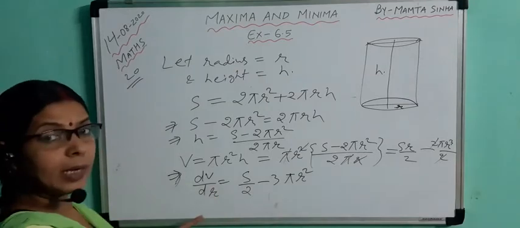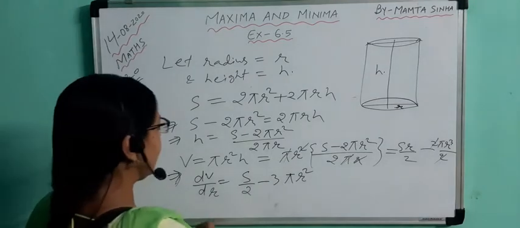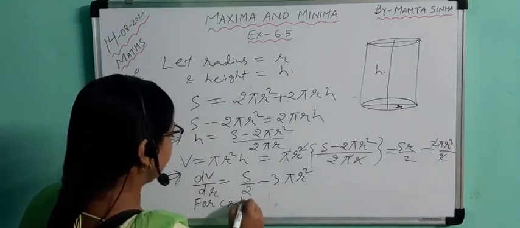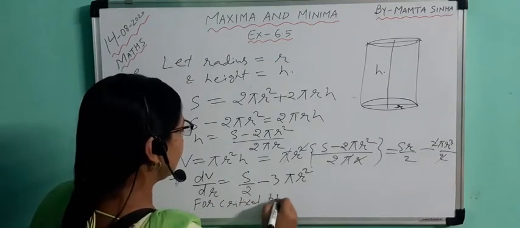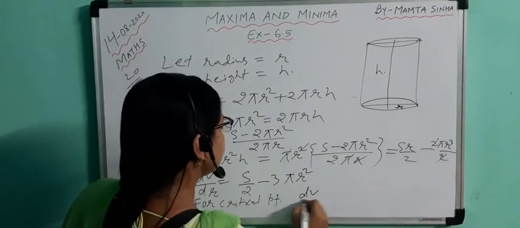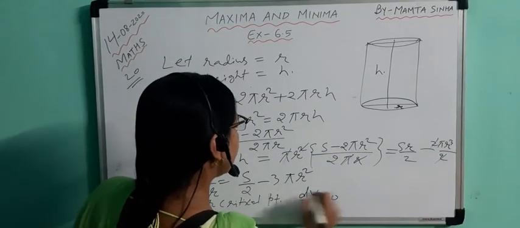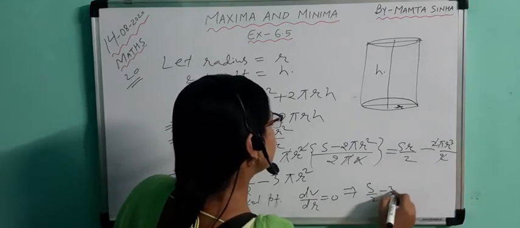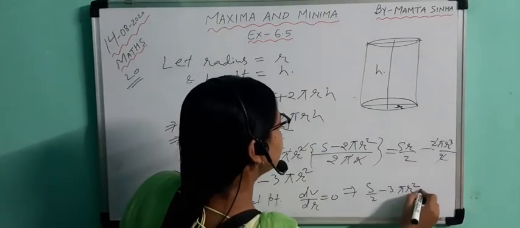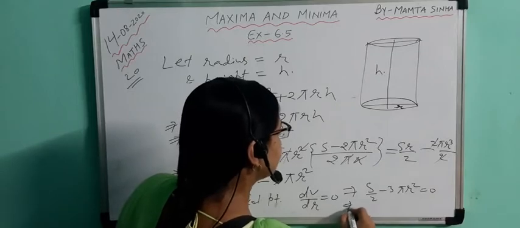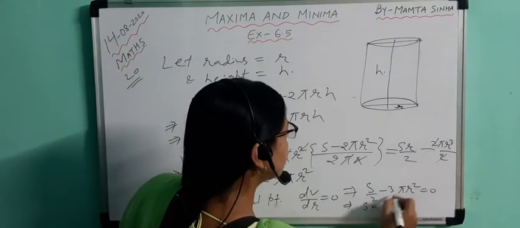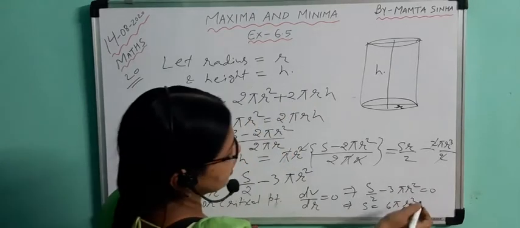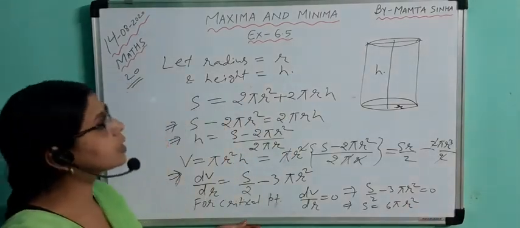Now for the critical point, put dV by dr equal to 0, that is S by 2 minus 3 pi r square is equal to 0, which implies that S is equal to 6 pi r square.